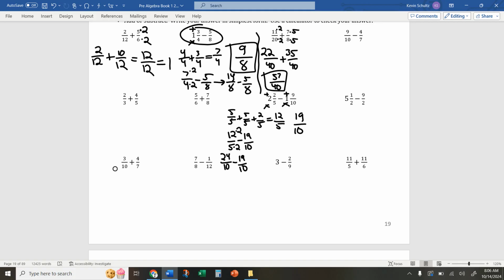Oh, I'm sorry, I did 9 minus 4. So 24 minus 19 would be 5, okay? If we have 24 tenths, we take away 19, we now have 5 tenths. That's not our final answer because what is 5 tenths reduced to be? 1/2. And so that is our final answer. Okay? 1/2.